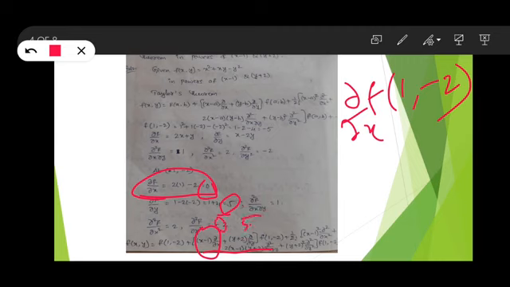Next, plus 1 by 2 factorial into (x − 1) whole square, similarly ∂²/∂x² of f at (1, −2). So ∂²f/∂x² at the point (1, −2) will be 2. So substitute this value and this value and this value in this thing.